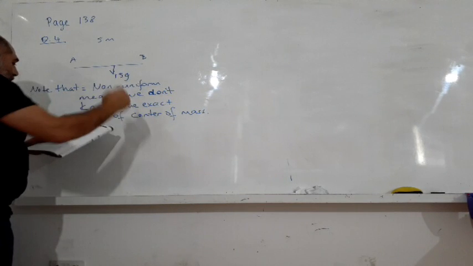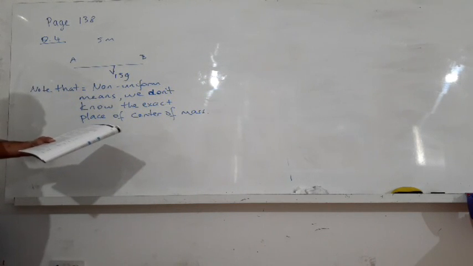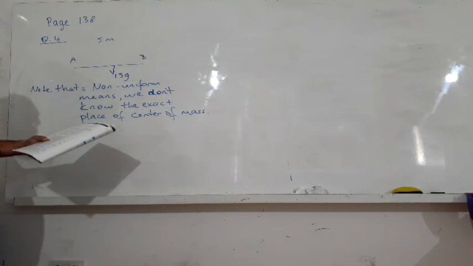The rod rests horizontally, suspended from the ceiling by 2 vertical strings attached to C and D, where AC is 1 meter.